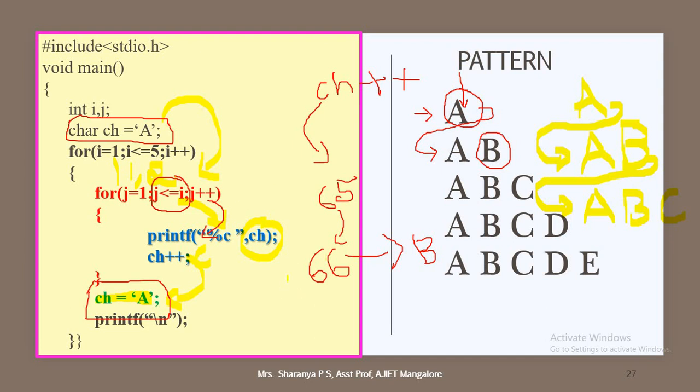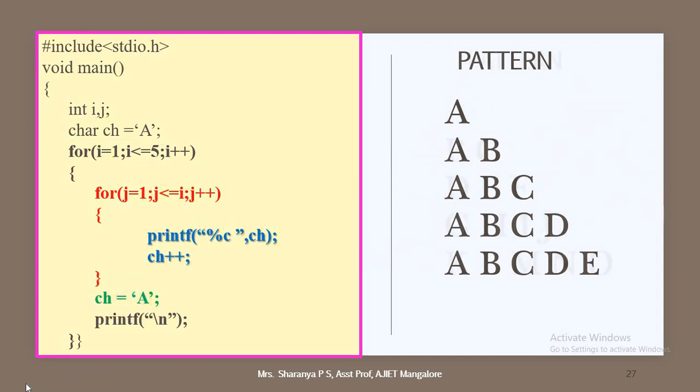And since we want the next character to be printed, we have used CH++. And one more point here: in each iteration we have to begin from the character A itself, so we have reset the CH value to A. These are the 3 major aspects we have to remember with respect to this pattern display.